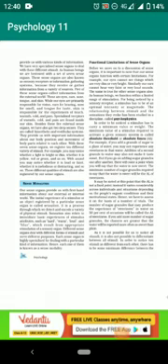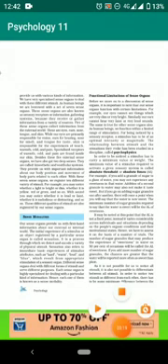Each sense organ is highly specialized, dealing with a particular kind of information. It means each sense organ provides us with particular information from the external environment, and each of them is known as a sense modality.